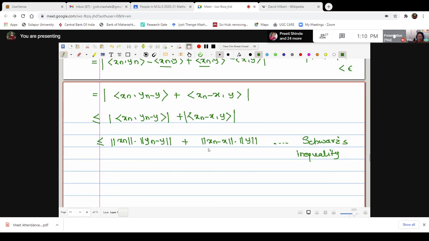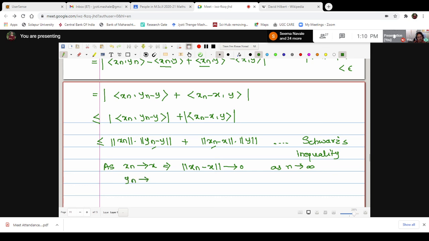But what we know, xn is tending to x, yn is tending to y. Then what about norm values xn minus x and yn minus y? No doubt they are tending to 0. Therefore, here shall I write as xn tends to x, which implies norm of xn minus x tends to 0 as n tends to infinity.